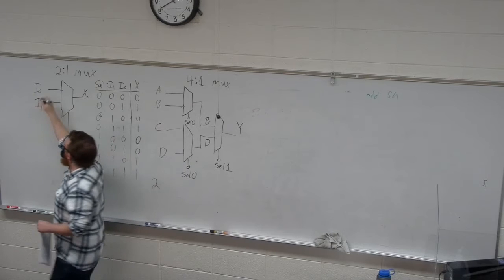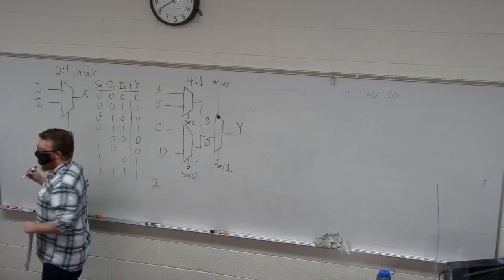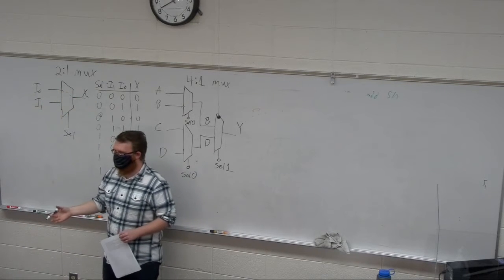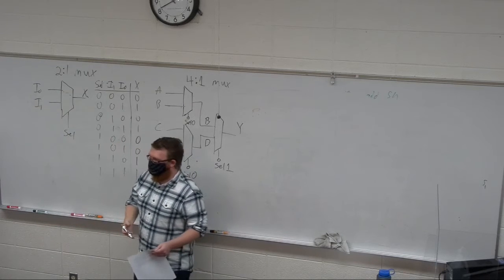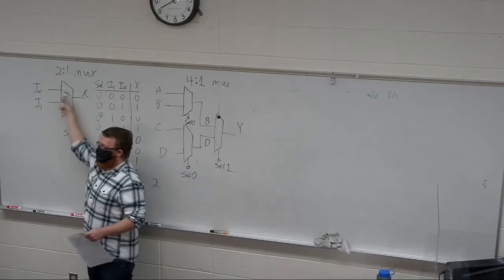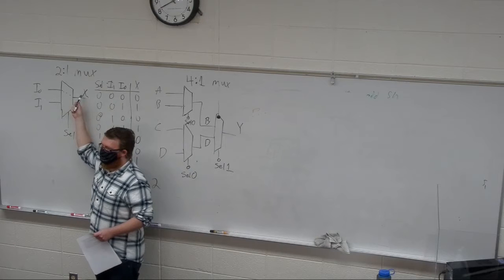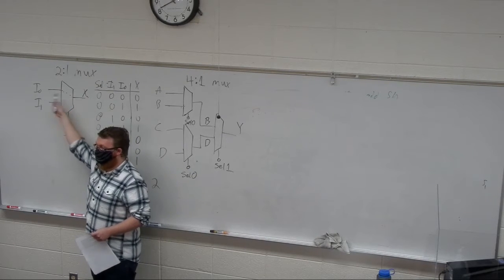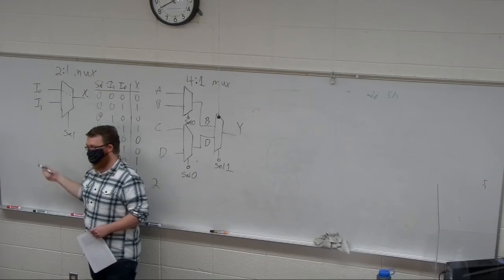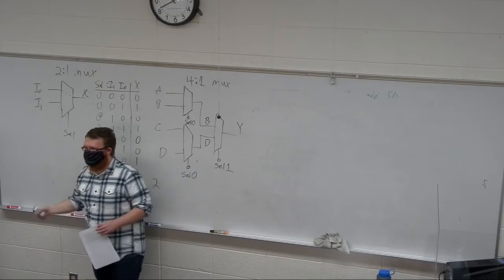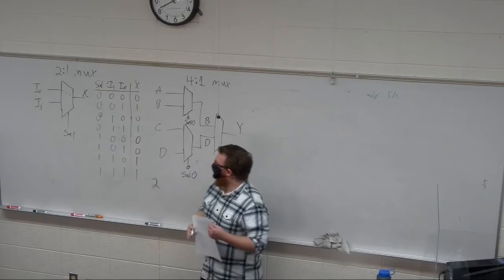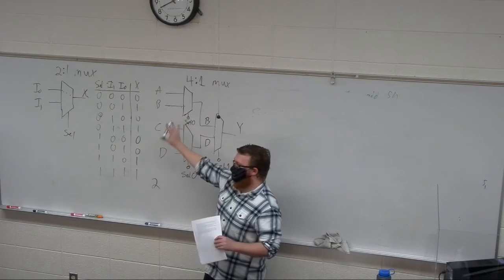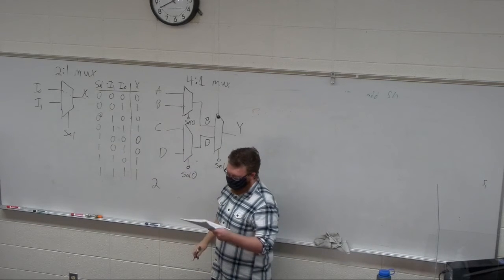But the input doesn't actually pass through here. It just uses a control signal. In an analog mux, it literally connects the input to the output. So a digital mux only passes digital signals. An analog mux can pass either digital or analog. It's something I want you to be aware of if, eventually in your career, you run into multiplexers.